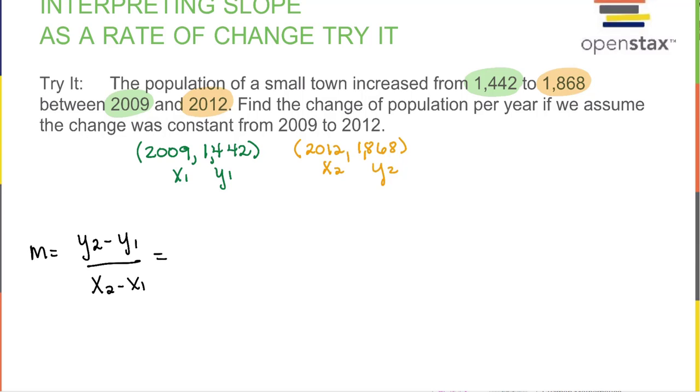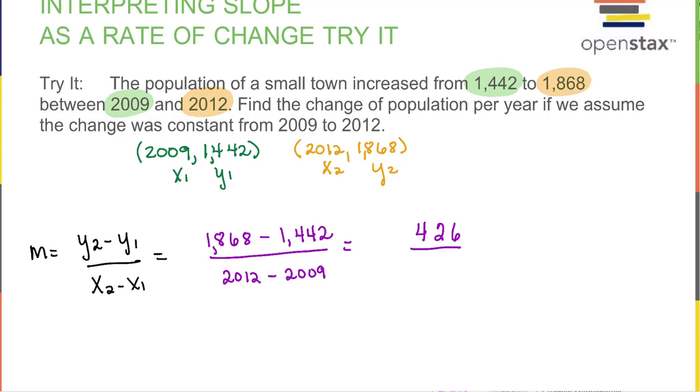So we would have 1,868 minus 1,442 over x2, which is 2012, minus 2009, which would be x1. On top, 1,868 minus 1,442, I believe we get 426, and on the bottom, we get 3.